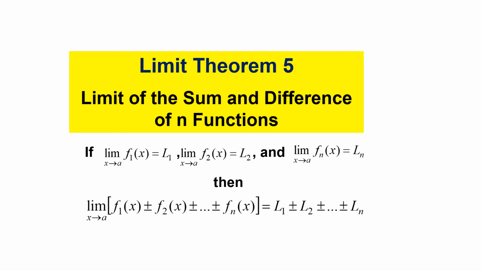So for limit theorem number 5, the limit of the sum and difference of n functions. We're pertaining to n functions, meaning multiple functions. So there's an involvement of multiple functions here. There's a given function here, which is your f sub 1 of x, or f sub 2 of x here, then f sub n of x here, whose limits are equal to L1, L2 here, then L sub n.